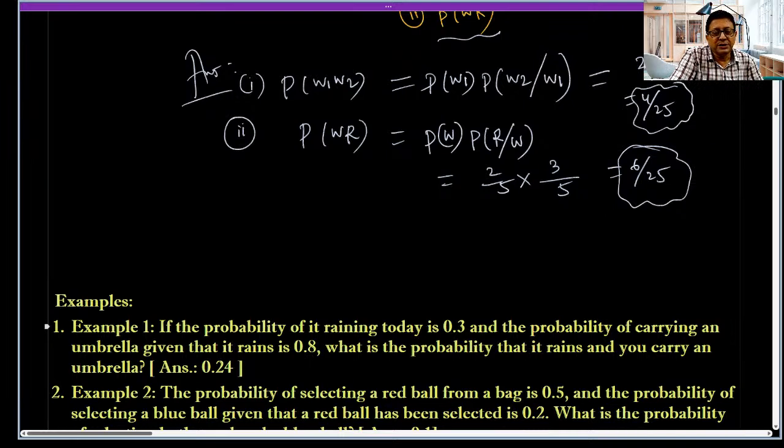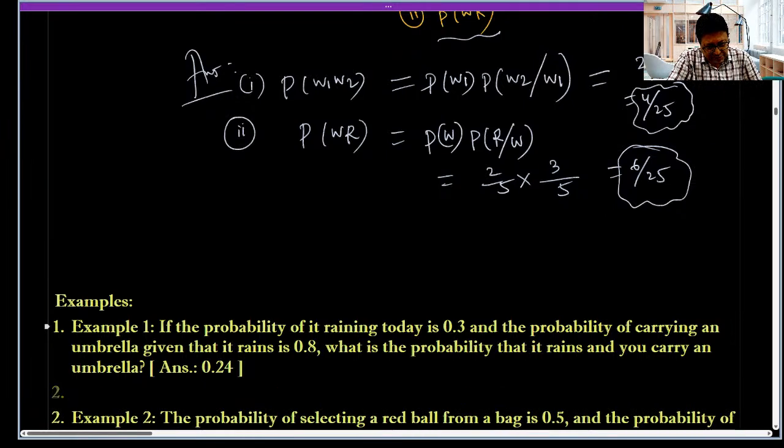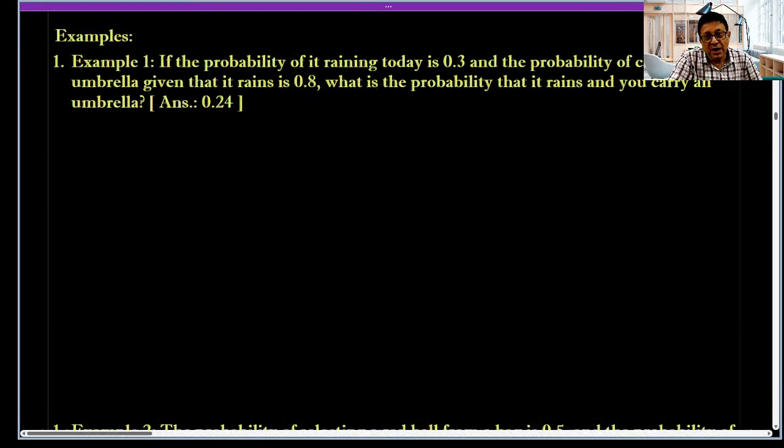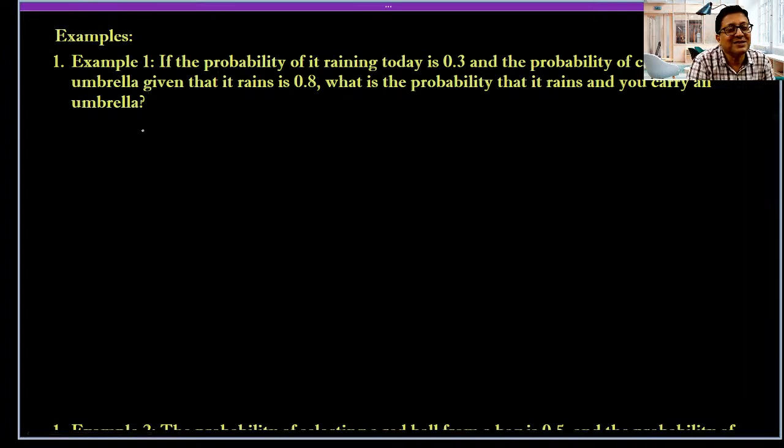Let us go for this example which I have kept ready for you, and let us solve it. Probability of raining today is 0.3, probability of carrying an umbrella is 0.8. I kept answer also, no answer is required.